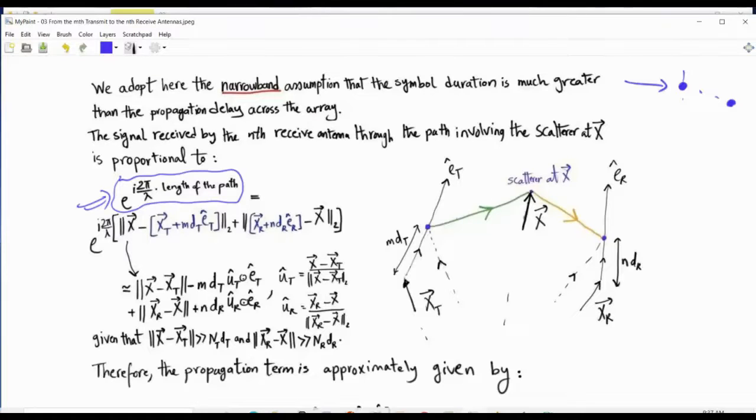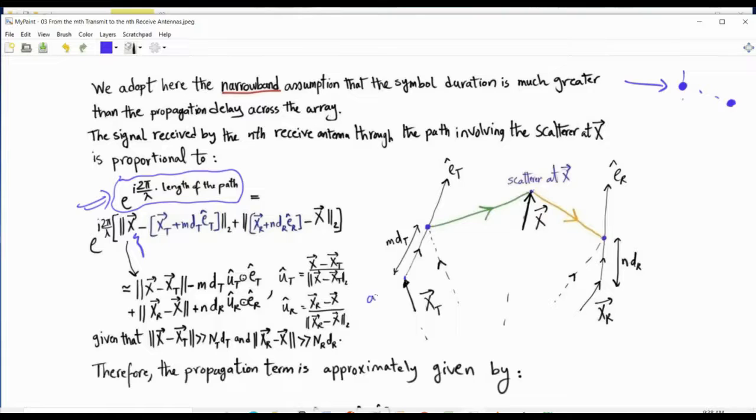So what is the green vector? It's basically this vector here between these 2 points. The vector between these 2 points is the position vector of the endpoint, which is x, minus the position vector of the nth transmit antenna. So what is the position vector of the nth transmit antenna?